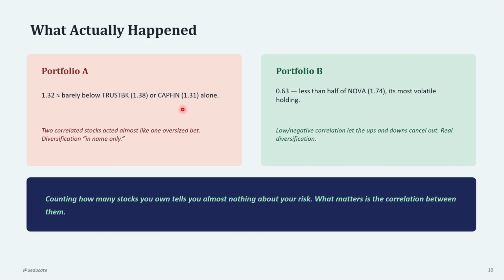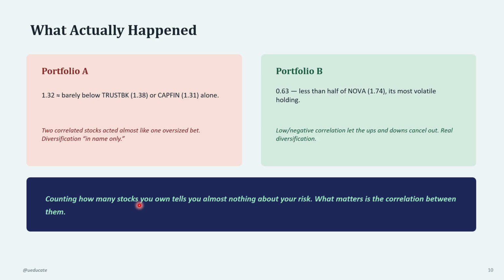So what actually happens is that correlated stocks act almost like one oversized bet, diversification in name only. Here we can see diversification: low negative correlation lets the ups and downs cancel each other out, so diversification happens. Counting how many stocks you own tells you almost nothing about your risk.